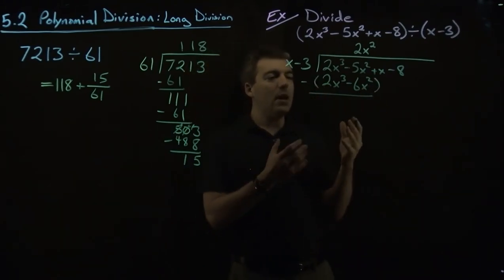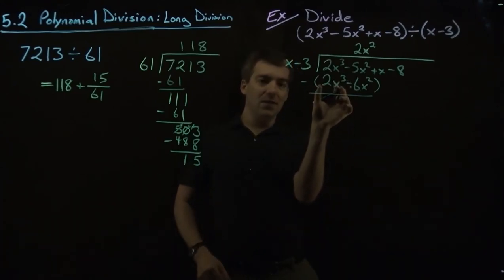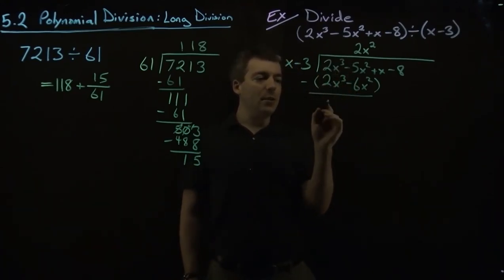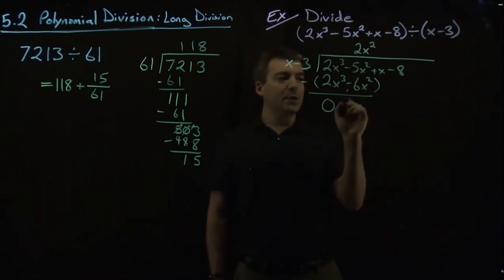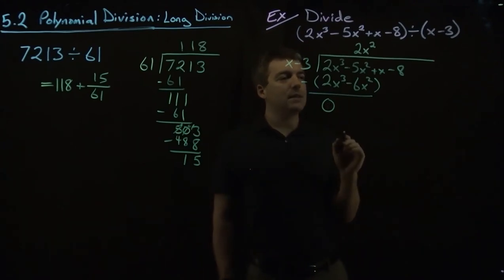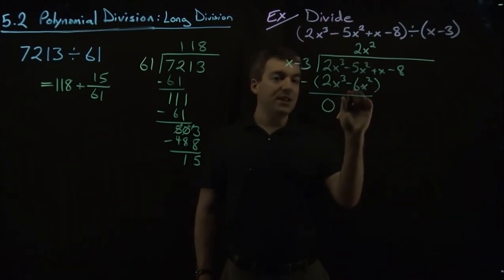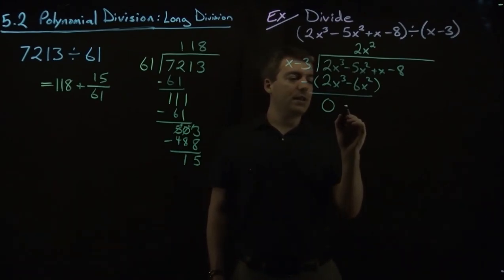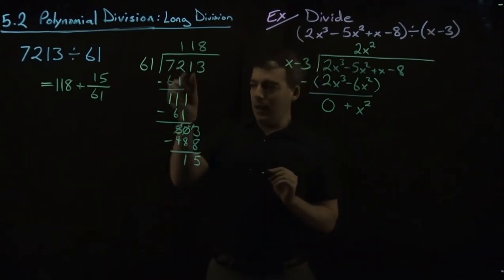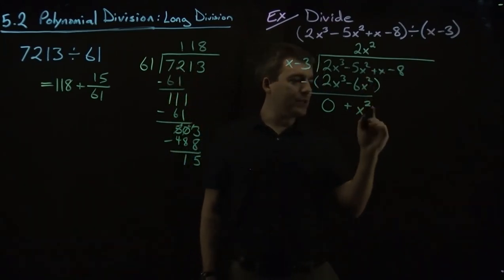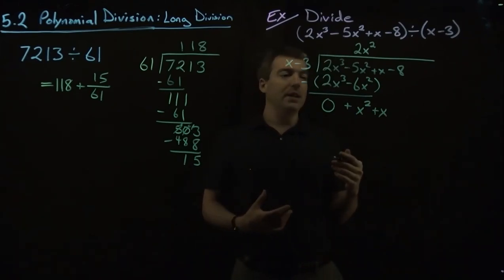And when you subtract, you have to be careful. For positive terms, they'll change sign. So this is actually negative x cubed, which will cancel here. We'll get 0. Here we have negative 6x squared, but it's subtracted, so it's plus. So we have negative 5x squared plus 6x squared. That's just x squared. All right, and just like in the division algorithm, we bring down the next term, plus x, and then we'll repeat the process.